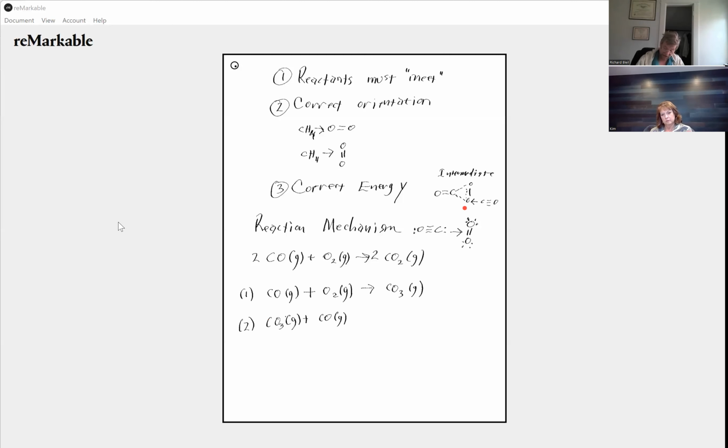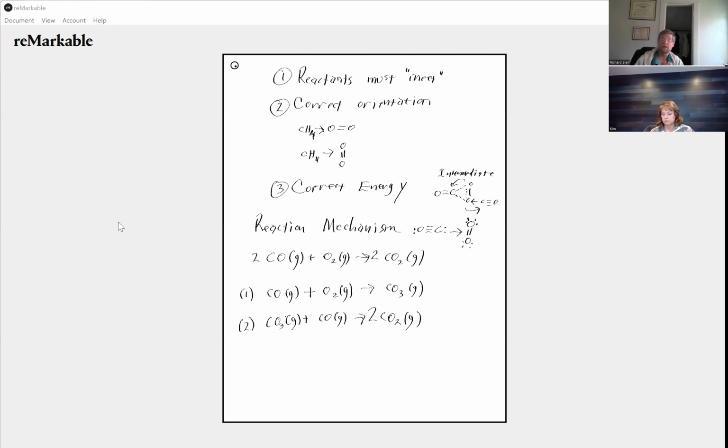One of these oxygens is going to go with the new carbon dioxide. The other one is going to go to the old carbon monoxide. Forming two carbon dioxides.